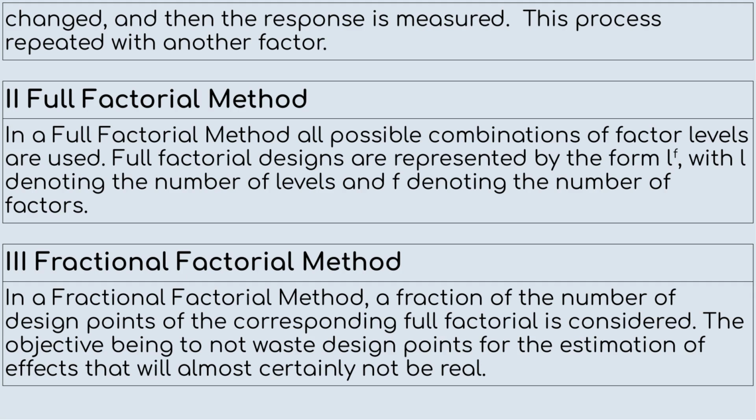In a full factorial method, all possible combinations of factor levels are used. Full factorial designs are represented by the form L power f, with L denoting the number of levels and f denoting the number of factors.